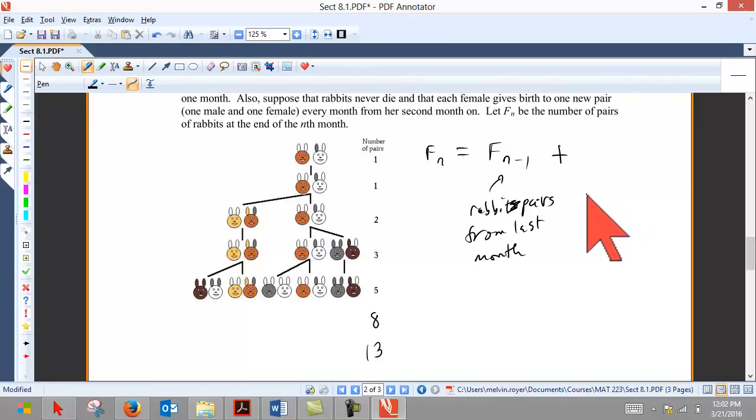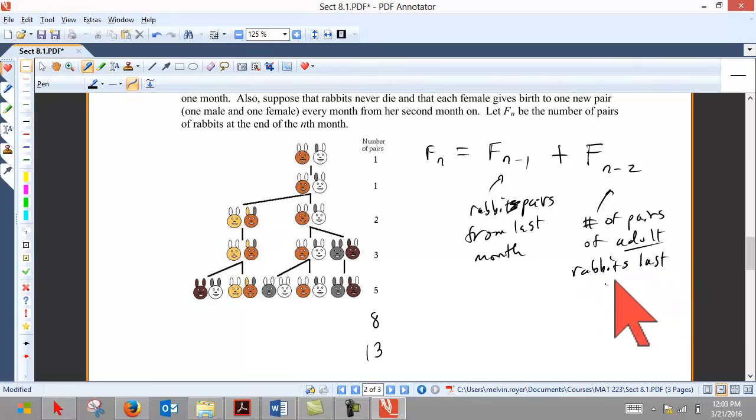It's a rabbit that's at least 1 month old. And so it's the same question as how many pairs did I have 2 months ago? I'm going to put an f n minus 2. These are the number of pairs of adult rabbits last month, because those are the ones that have one pair of babies each.